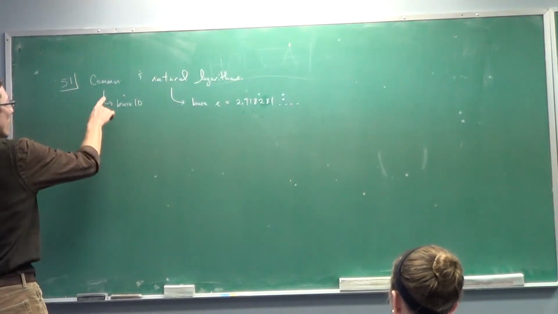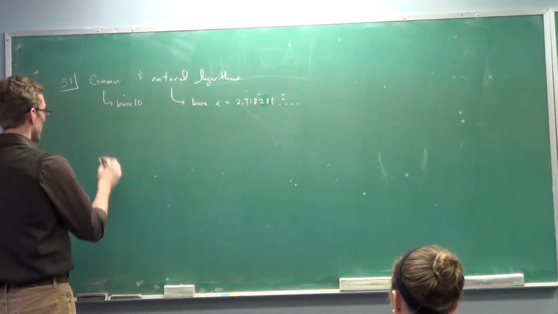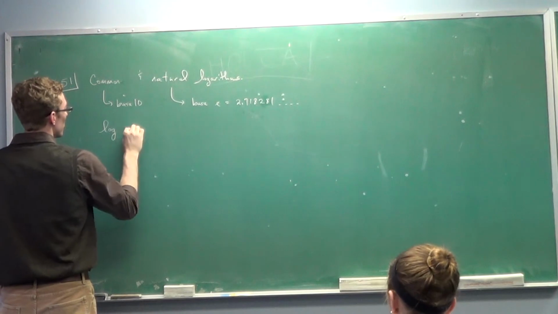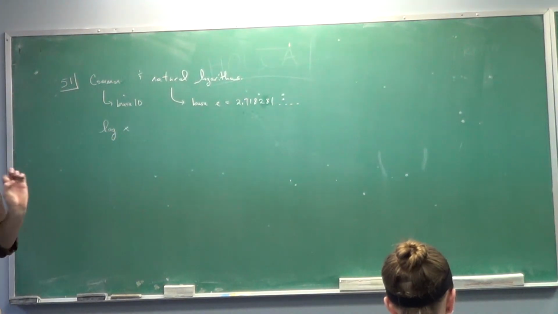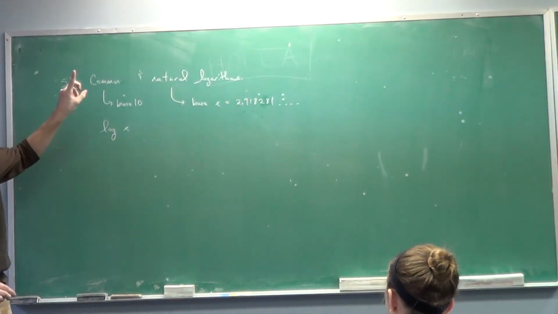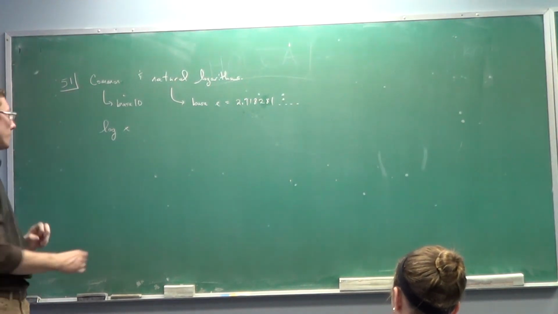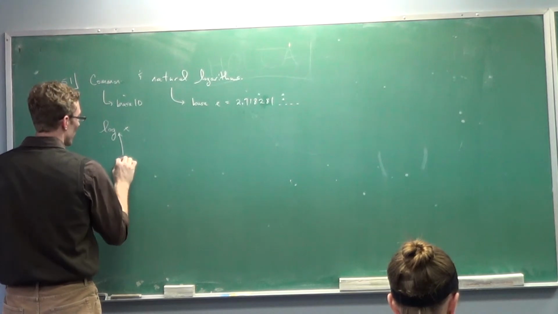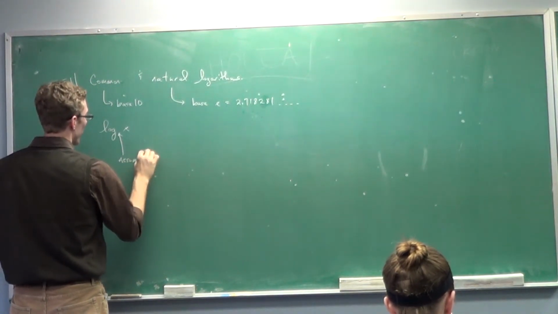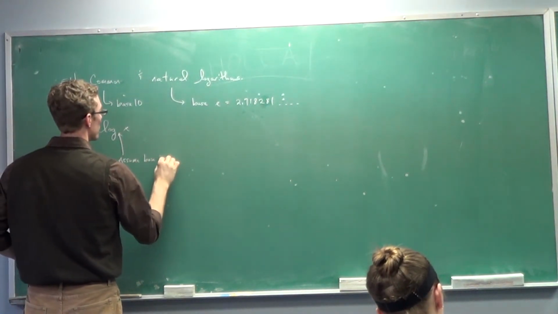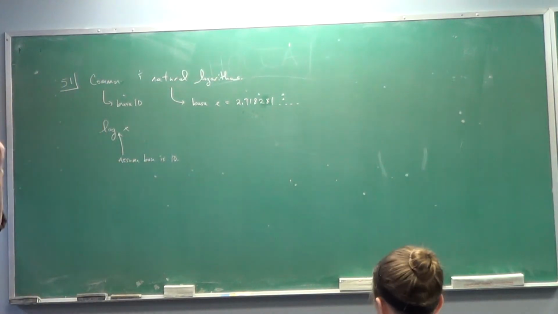Now, when we express common logarithms, if there is no base written and you write log x, assume the base is 10. So, in here, we're going to assume the base is 10.